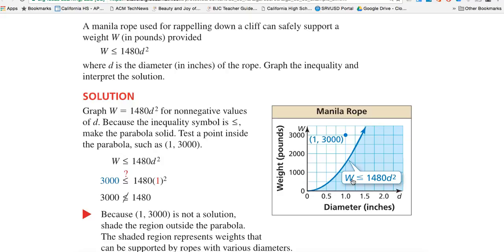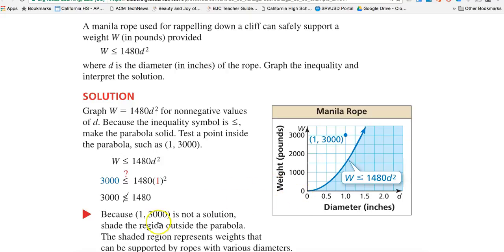Again, since we're looking for weights that are less than or equal to this equation, just using common sense tells us this is our shaded region. But to test it analytically, we can pick a point and plug it in to see if it works.